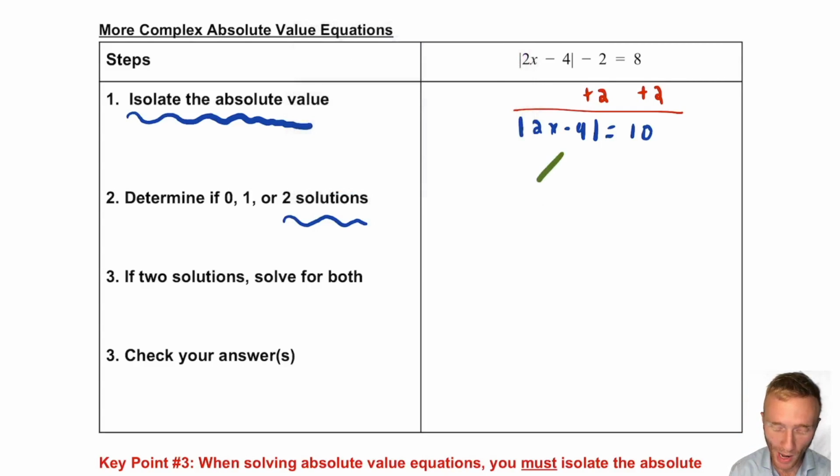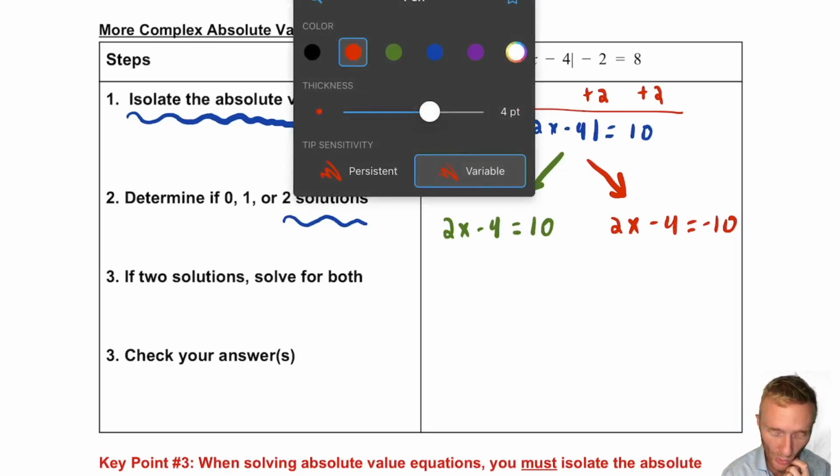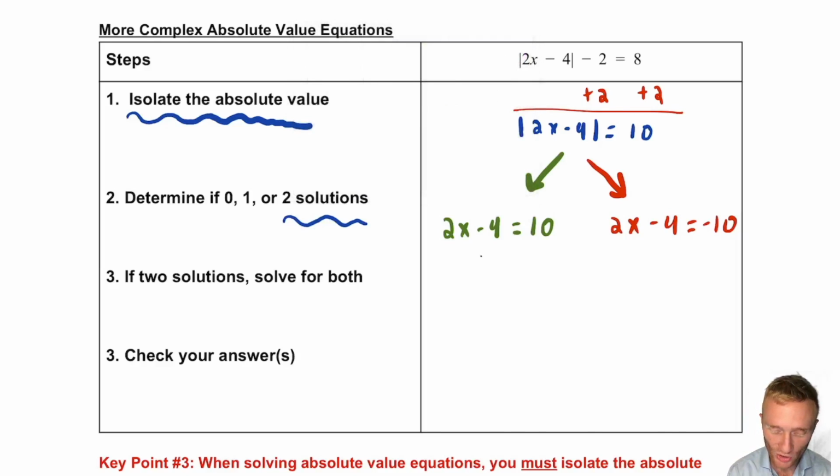We're going to have the positive possibility, either 2x minus 4 is already equal to 10, and the absolute value doesn't do anything, or 2x minus 4 is equal to negative 10. Because if it's equal to negative 10, the absolute value will turn it into positive 10, and it'll also be a correct solution. From here, we just have two-step equations to solve.